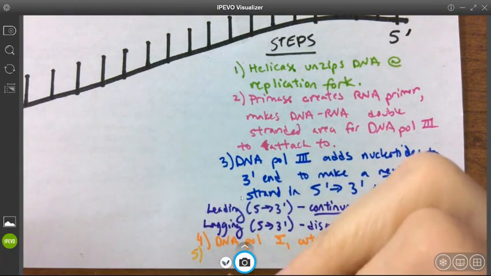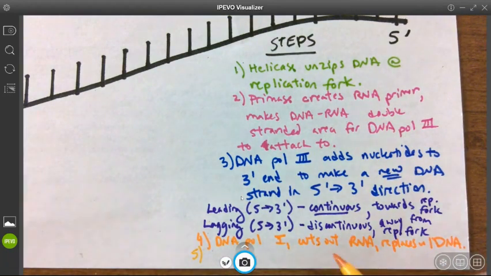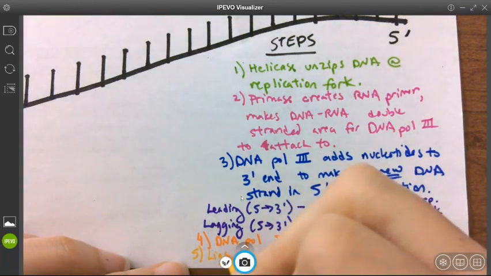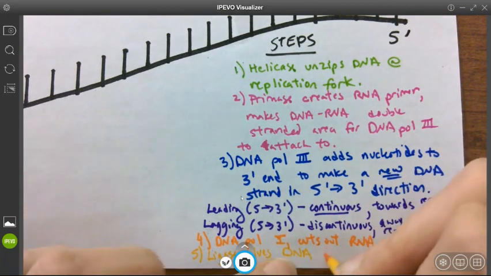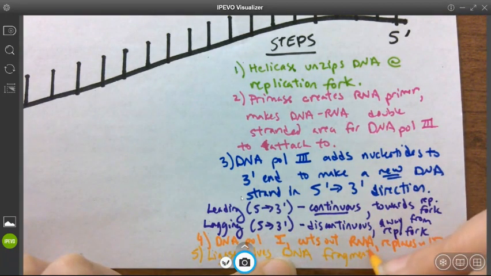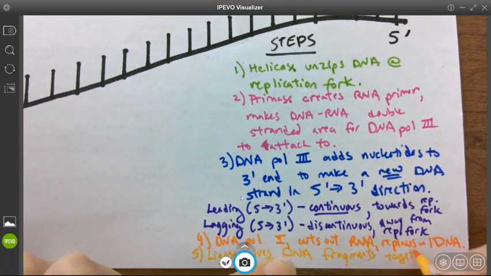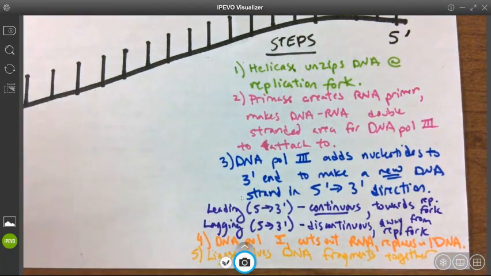It glues 2 fragments together on the leading strand and lots of fragments together on the lagging strand. But ultimately, you'll have 2 copies of identical DNA using this process.